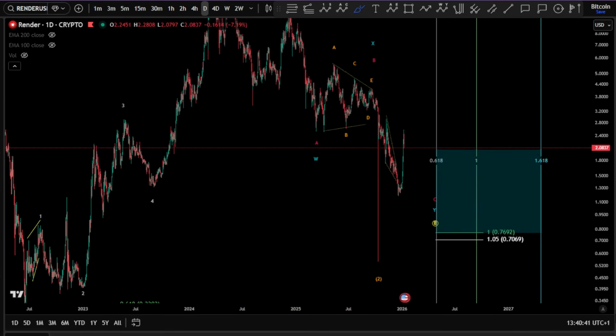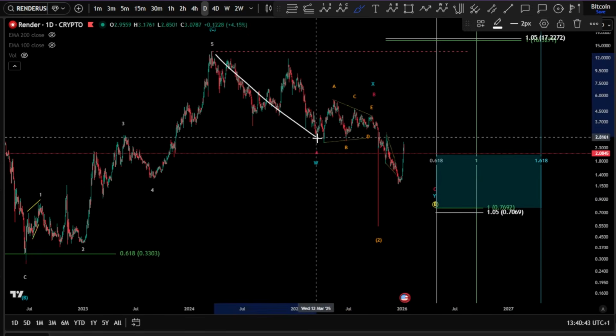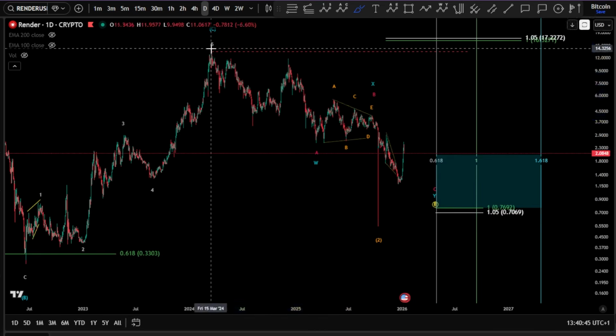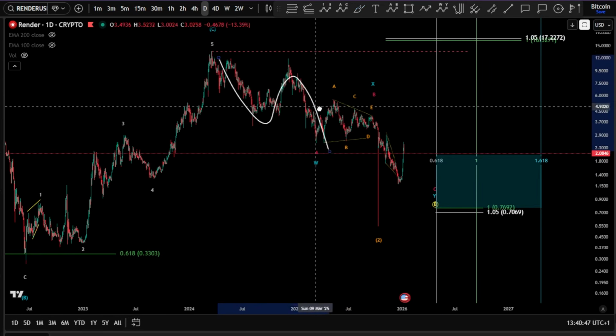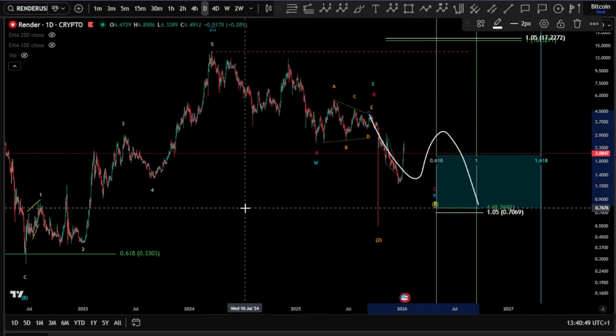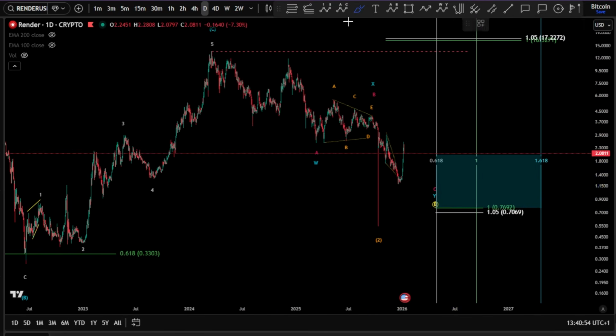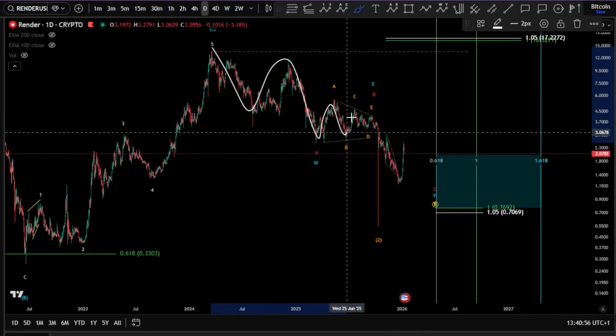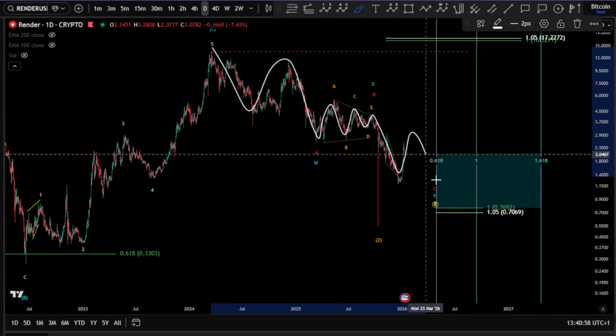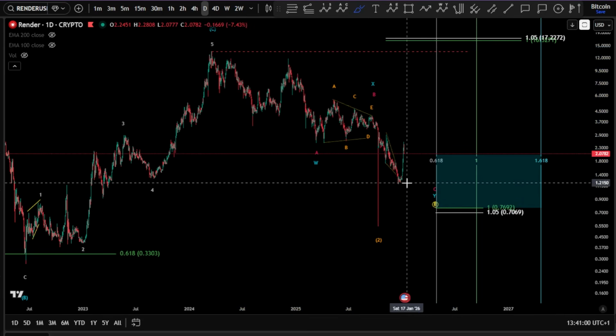To finish this correction, at least as W, X and Y, we need to create a balance. By all means, we need the same structure to repeat for wave Y, at least in case it is a double zigzag separated by a triangle. So it can very likely happen.